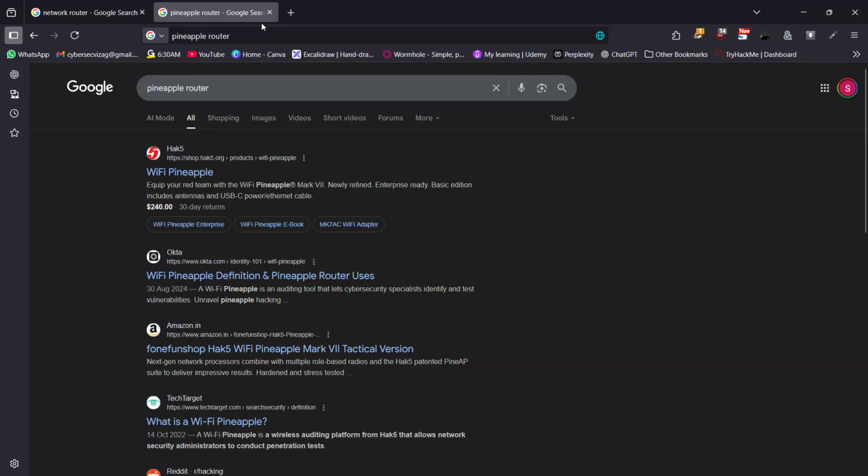If your IP address is in the form of some 172 dot something, it means you're in a Wi-Fi pineapple network. Maybe it's just configuring it in a way where it is using that 172 subnet or something, but it is not universally known as such.